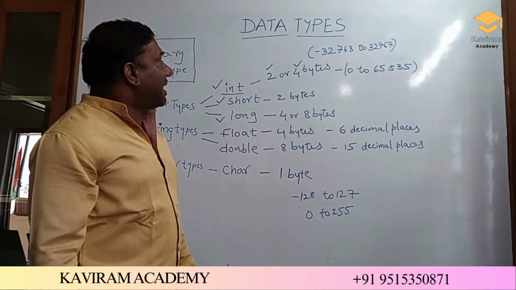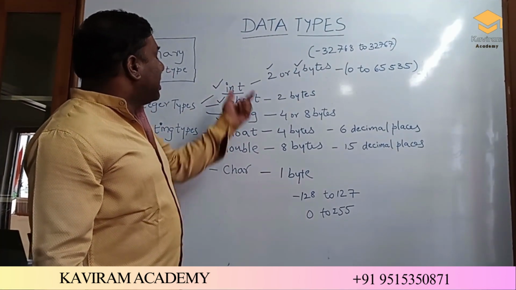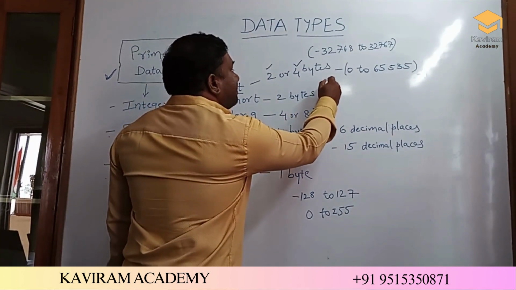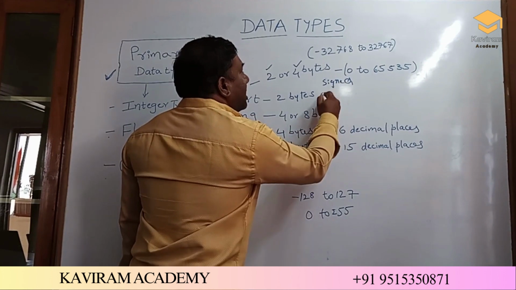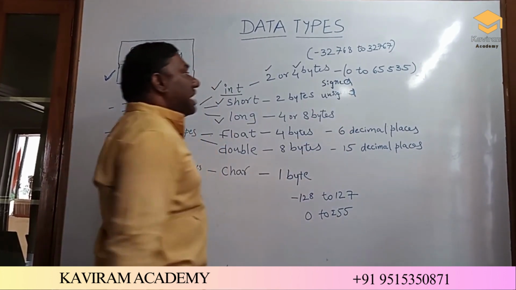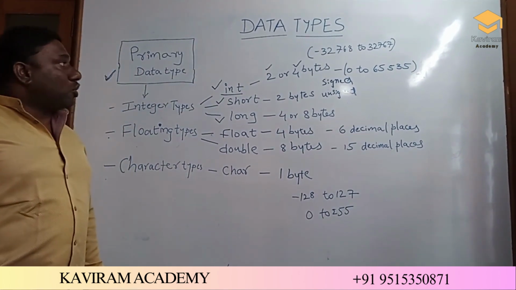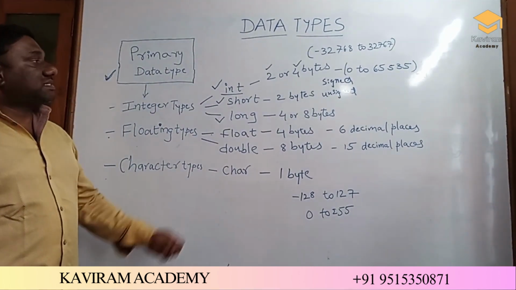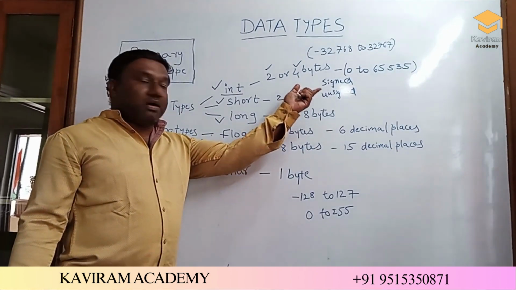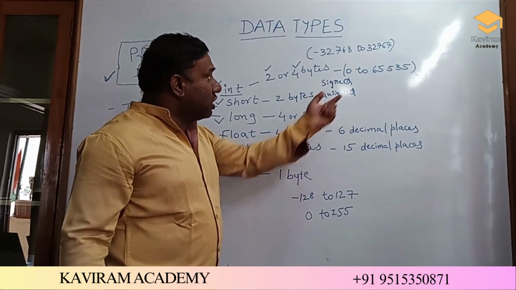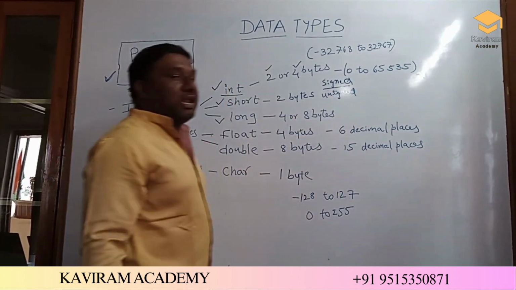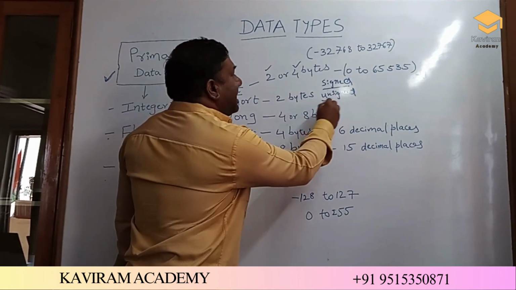So what is the range for this integer? In integer we have either a signed integer or an unsigned integer. Whenever you have signed values, that represents minus values, we use signed, and whenever there are no signed values, we use unsigned integer.